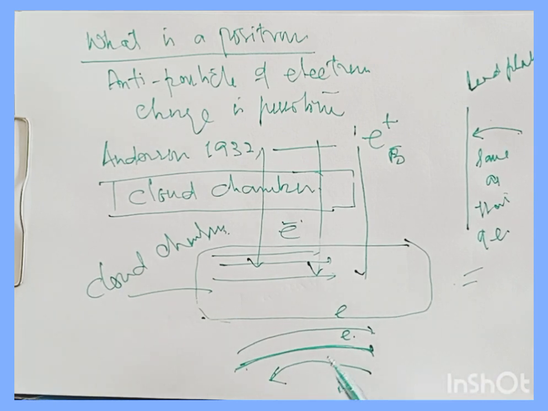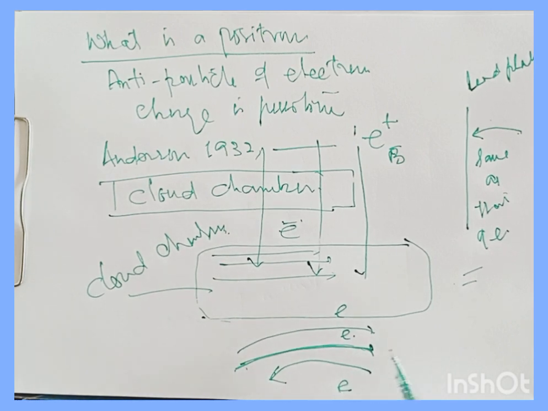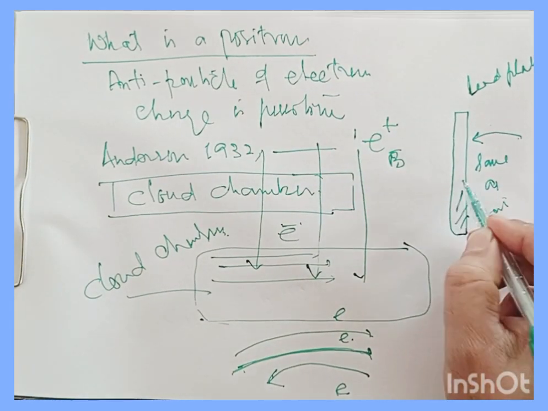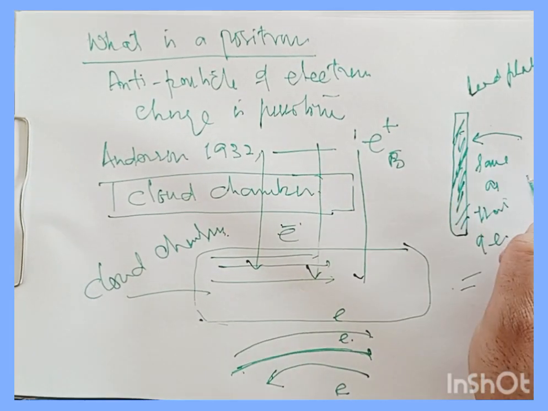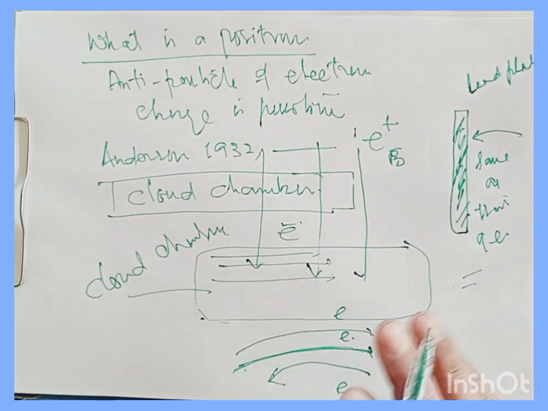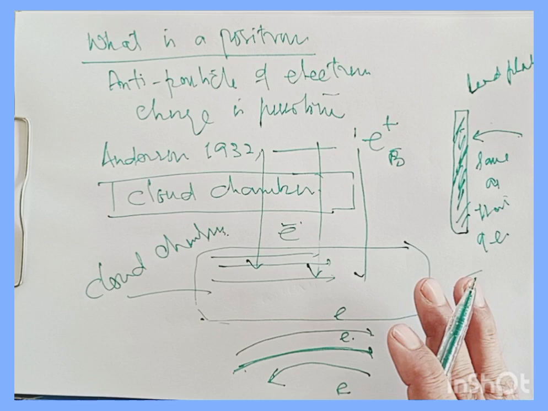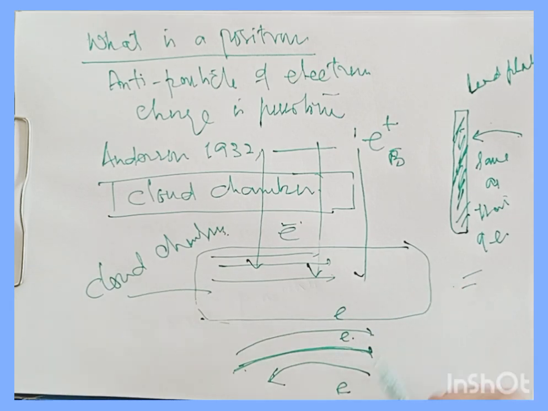Now, the measurements made on the curvature of this track showed a decrease in energy on absorption in the lead plate. Once the radiation passes the lead plate, there is a decrease in energy, and the density of droplets produced in the Wilson cloud chamber gave results similar to those of an electron.